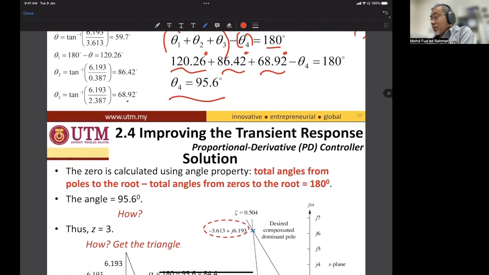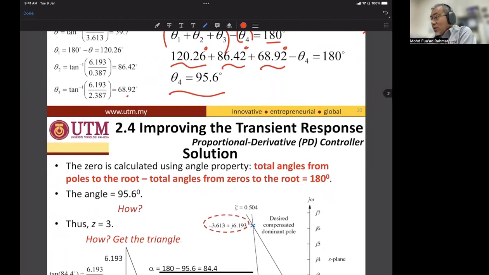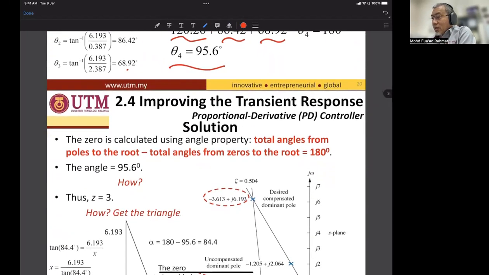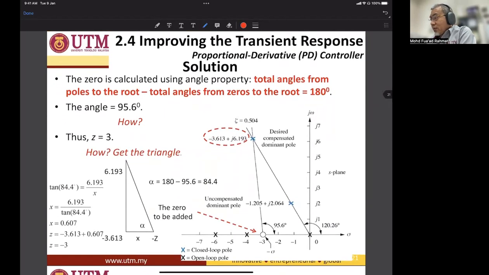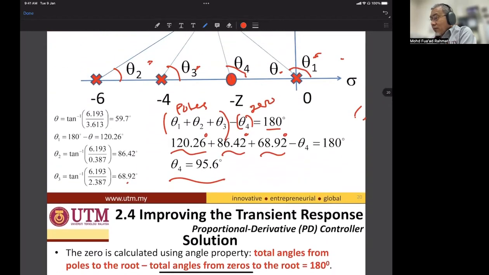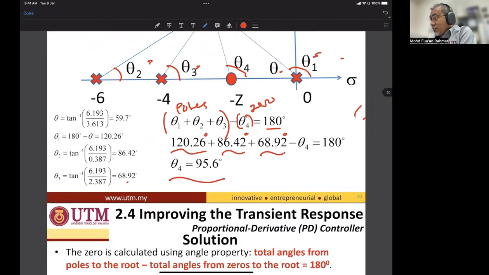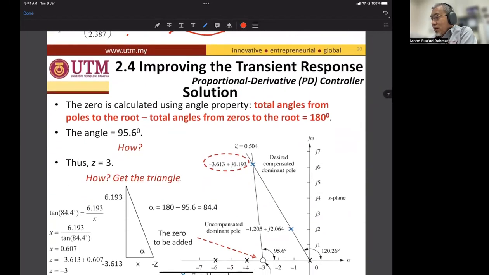So the zero is calculated using the angle property, which is shown here. The angle is 95.6, which I showed previously. So if you look here, 95.6 will give you the value, which is minus 3.